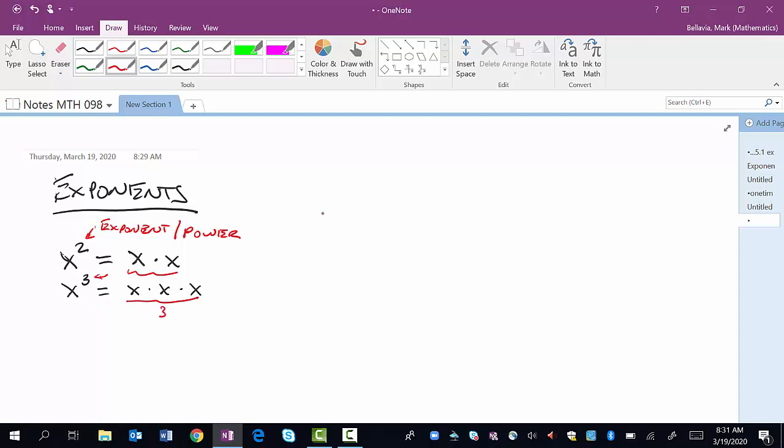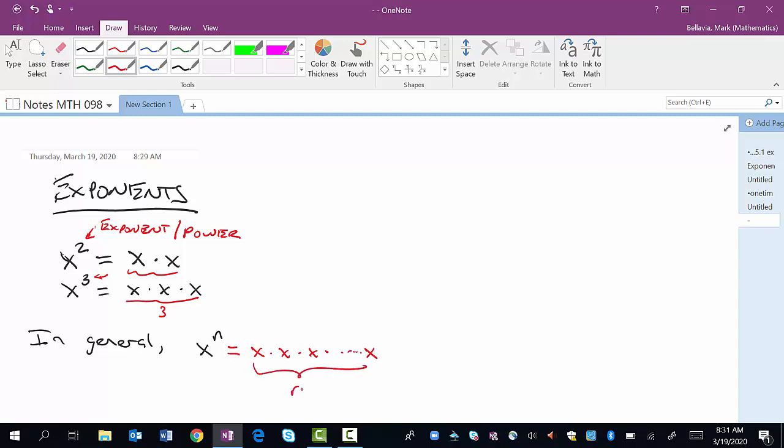And then, in general, if I wrote x to the n power, where n is some positive whole number, that's equal to x times x times x times ... times x.